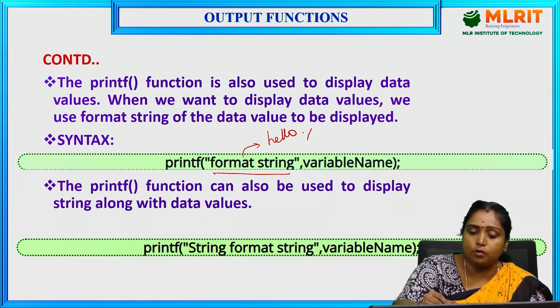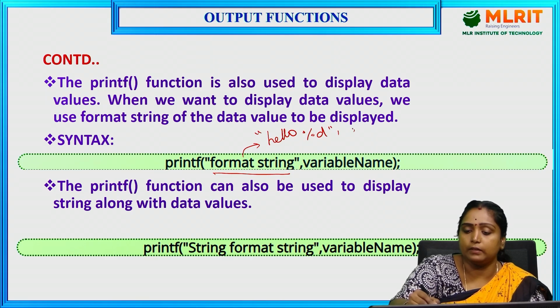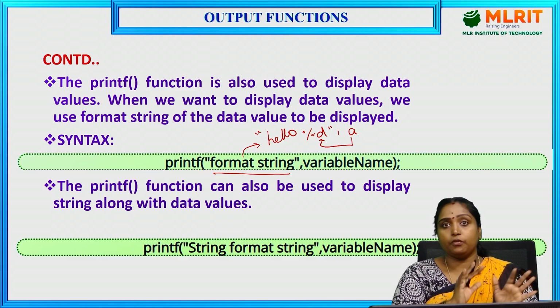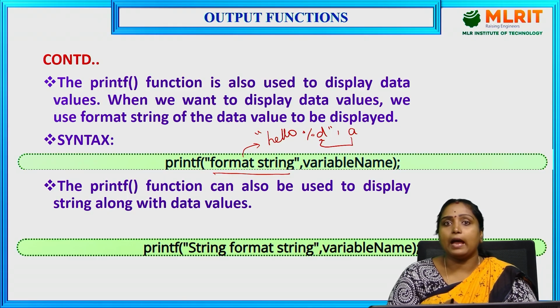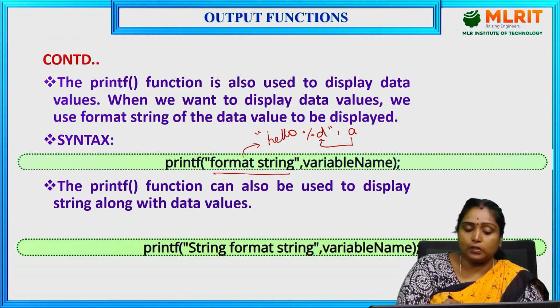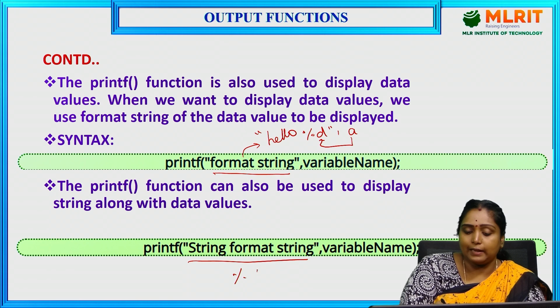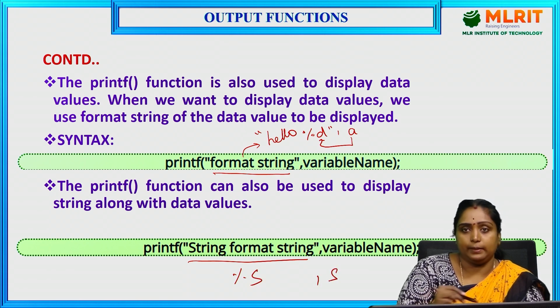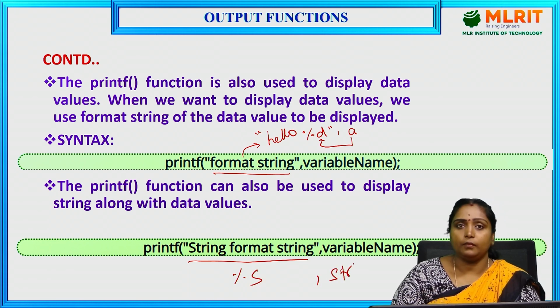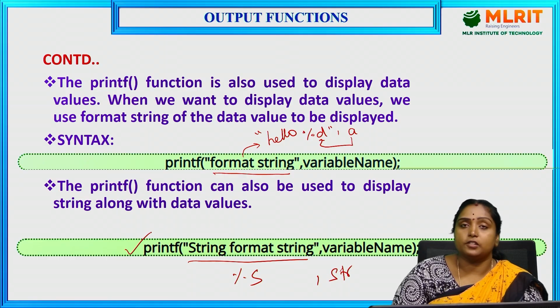If I use hello %d, comma, the variable name, then whatever variable you give here, that variable's value will be displayed in place of the format specifier. And for a string also, you can use %s with the variable name. We will learn this in the strings concepts.